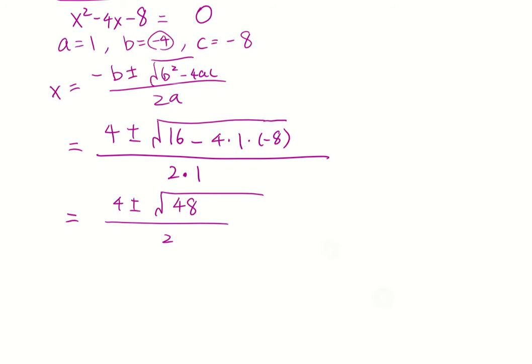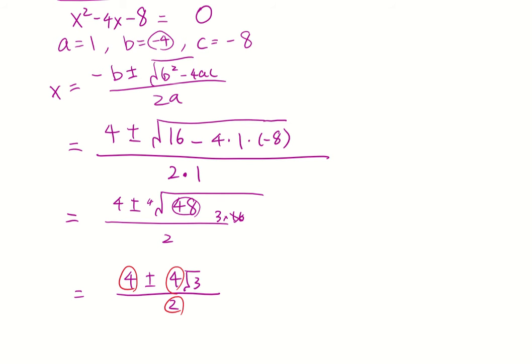Keep going. We can actually simplify square root of 48, because as far as I know, 48 is 3 times 16. So the 16 can come out as a 4. Right, so 4 square root of 3 is square root of 48 simplified over 2. Okay, now we want to simplify this expression. You can see 4, 4, 2.